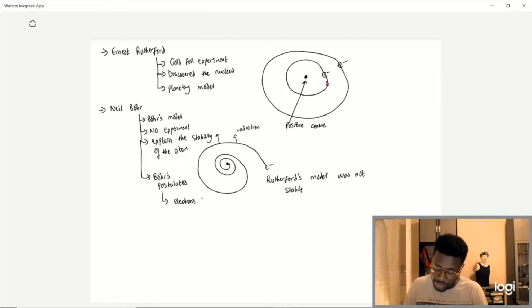So electrons do not lose energy while in the circular orbit. So he said the energy is fixed.